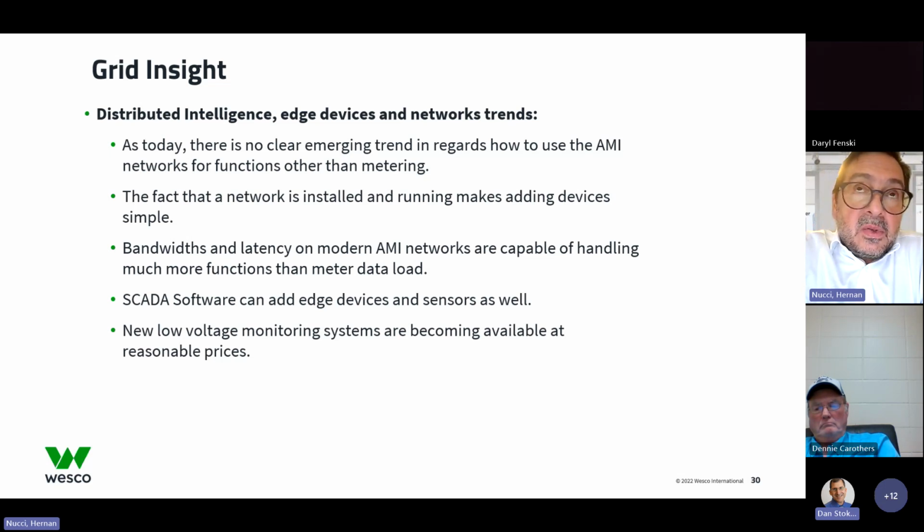So you start having second source meters for existing networks, but still manufacturers are very jealous of their networks and their radios. So I don't see a unified system anytime soon.